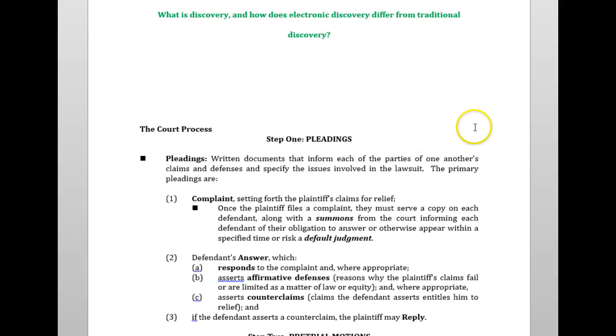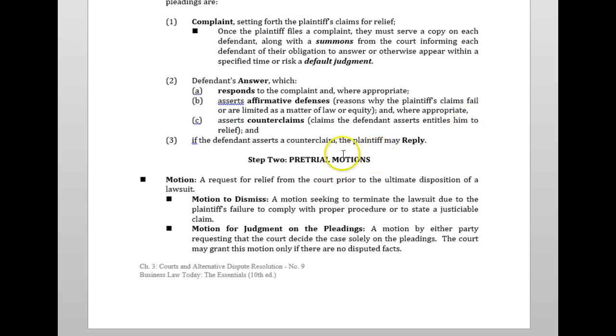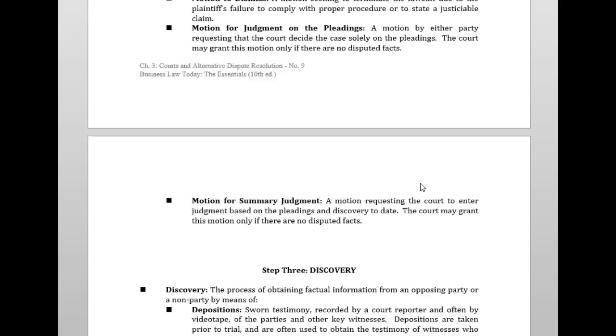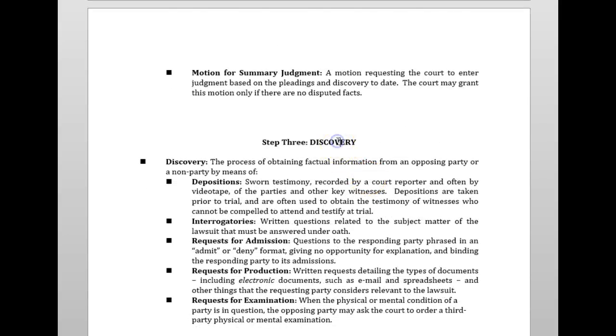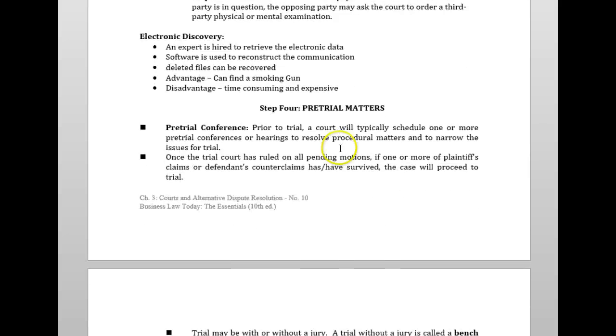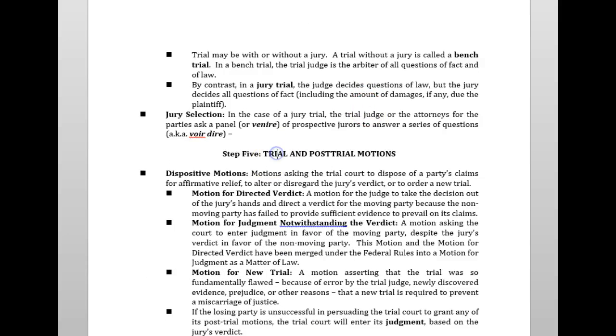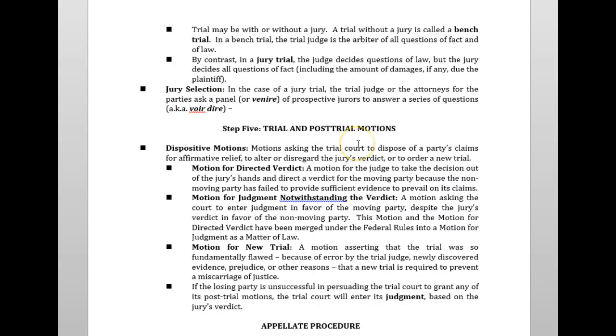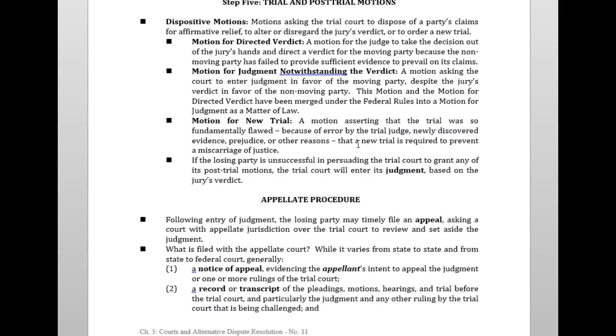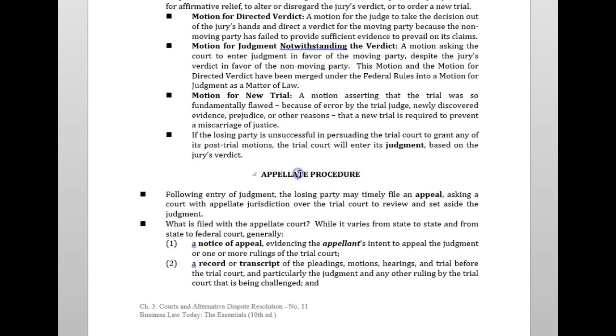First you have the pleadings. Then you have pretrial motions. Then you have discovery. Then you have pretrial matters. And then you'll have the trial, and you'll have post-trial motions. Now, in between all of that, you'll also have jury selection, which can be rather lengthy. After all of that, you can still appeal it to the appellate court.